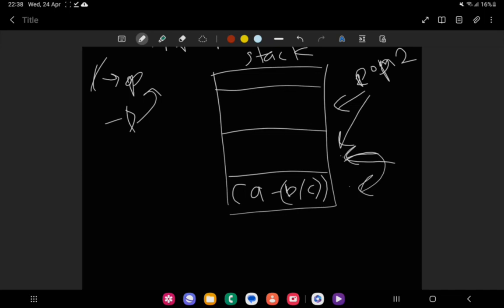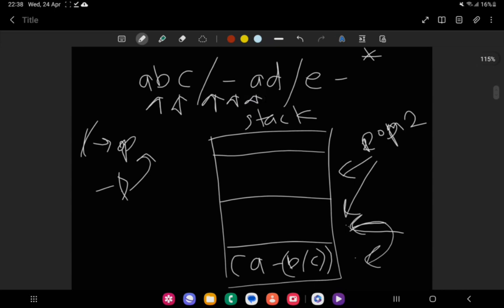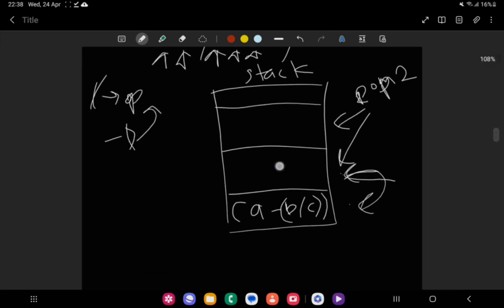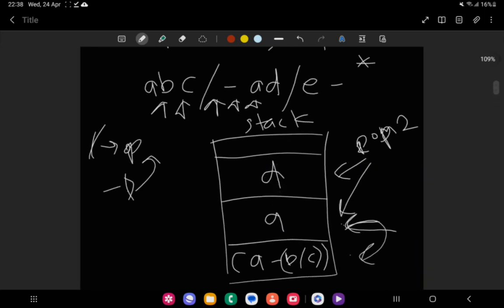So next, we have the next operand A. We just put the A here, and then we have D, just put the D here, right? And then we have slash.